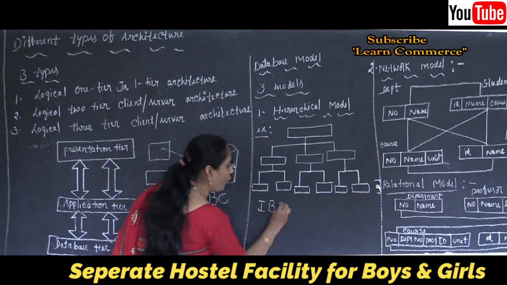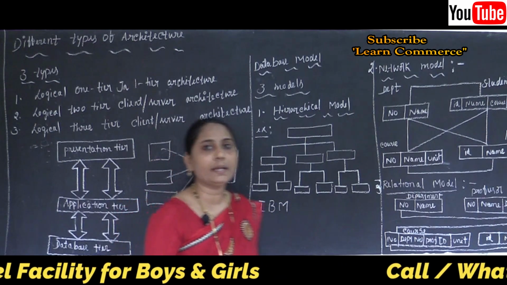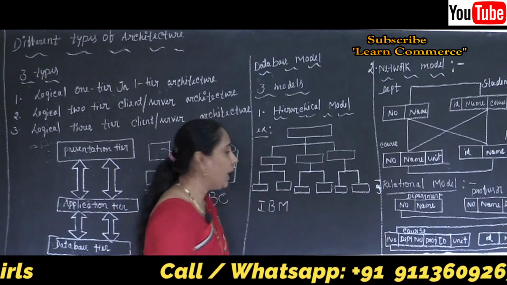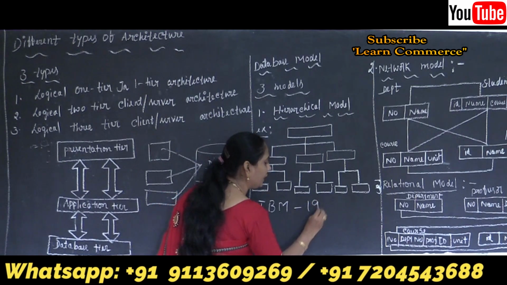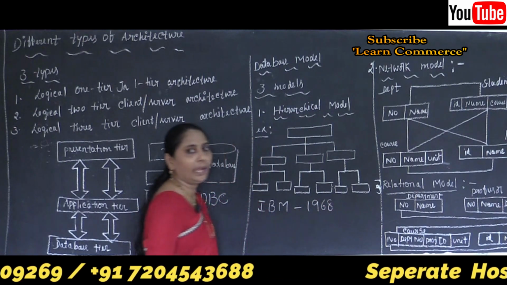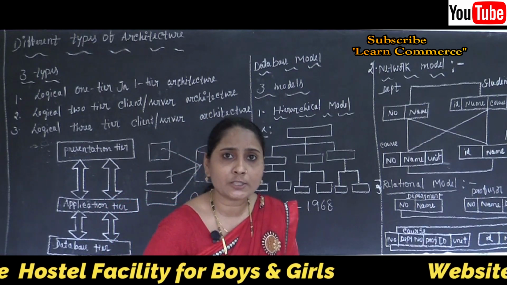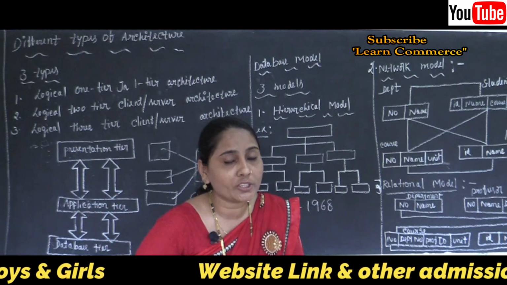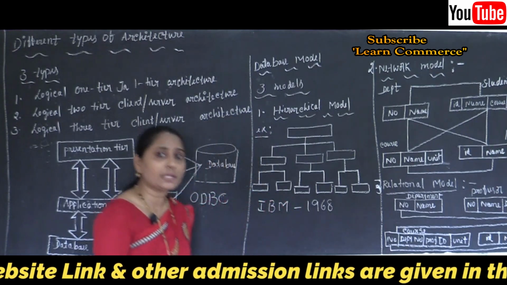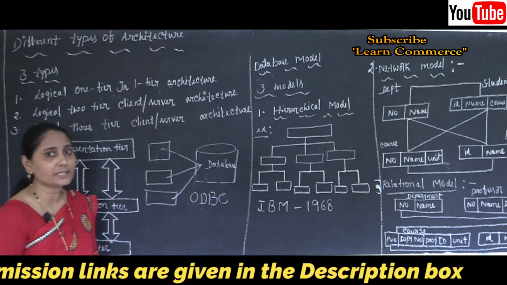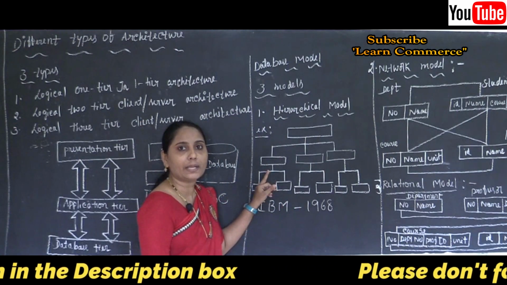We know the full form of IBM, International Business Machines, and this model was developed in the year 1968. Clear this point here? 1968. But by using such a model, how is the data organized? This model organizes the data in tree-like structures.